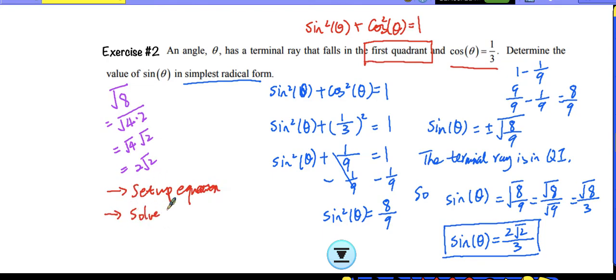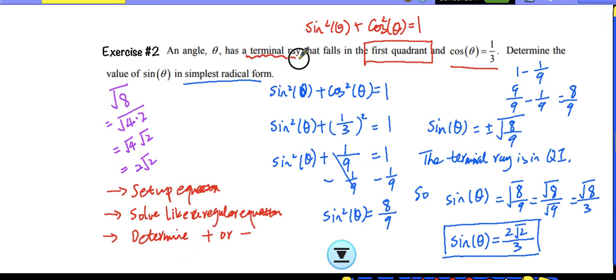Solve like a regular equation, just like when we subtract the number to isolate the variable and determine the sign, determine it's going to be positive or negative. Remember, the key information is where terminal ray is. Last, simplify the answer.